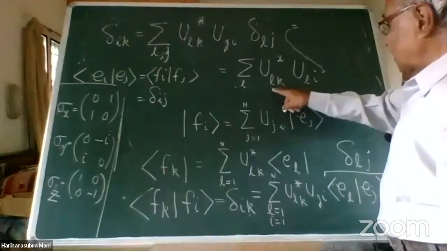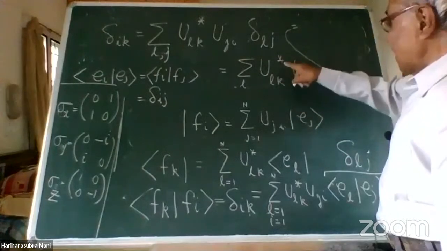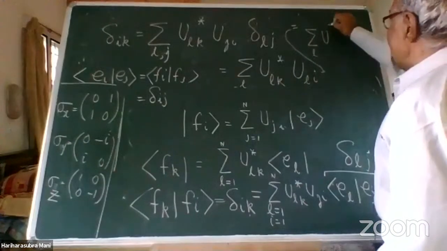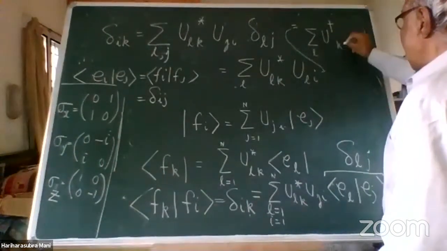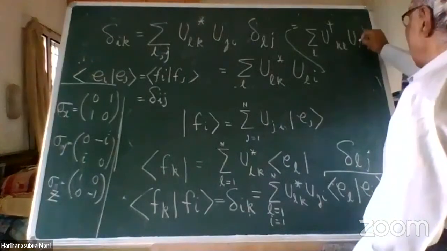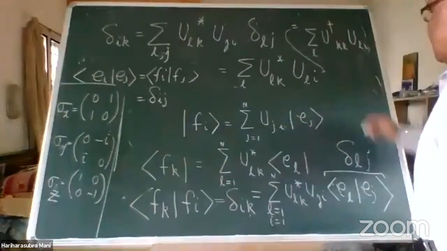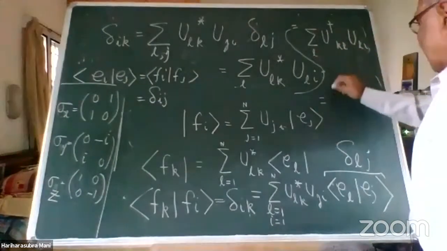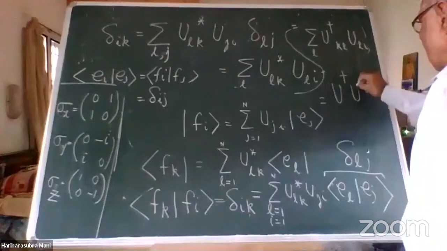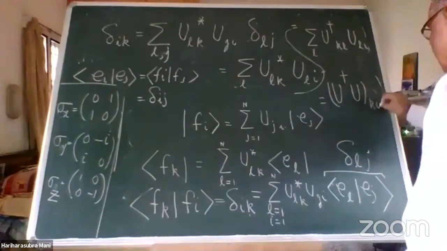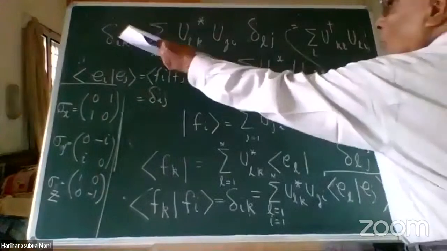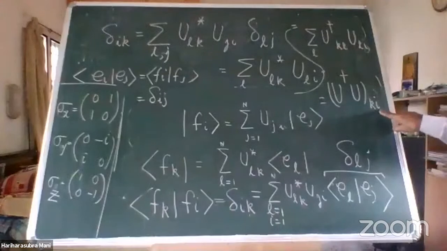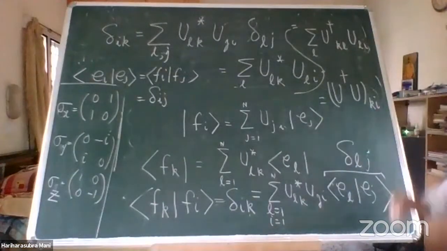I can write down this LK as KL and that will be transposed. So this will become U dagger_KL U_Li, which is equal to the sum over the matrix multiplication U dagger U_Ki. So delta_ik is equal to U dagger U. So only when K equal to i will this be 1, otherwise it will be 0.